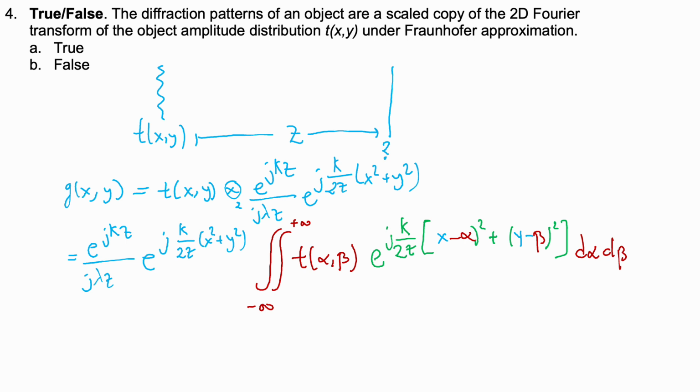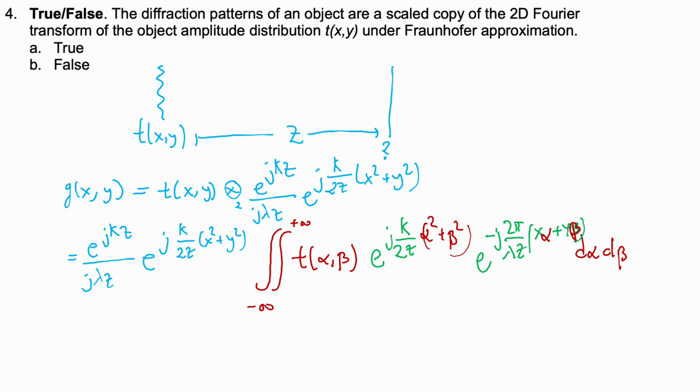I'm already taking the x and y terms outside, so the kernel inside is going to be alpha squared plus beta squared, and now we have the double product, so it's going to be minus j 2 pi over lambda c, and now we have x alpha plus y beta.